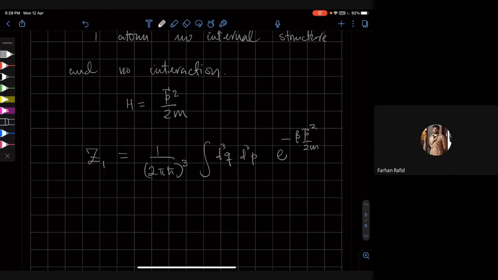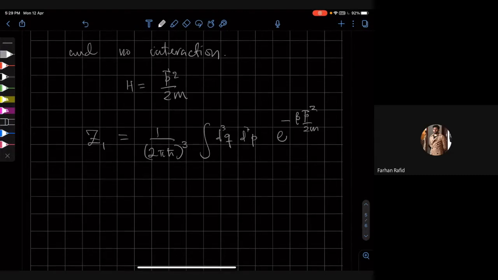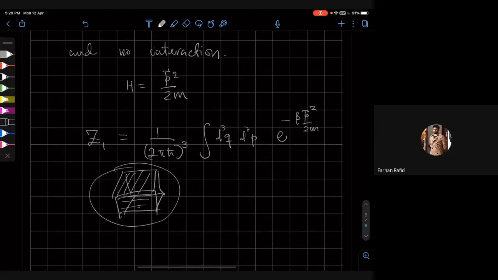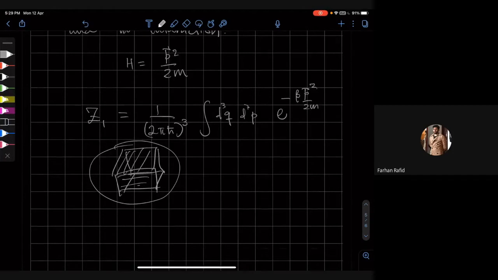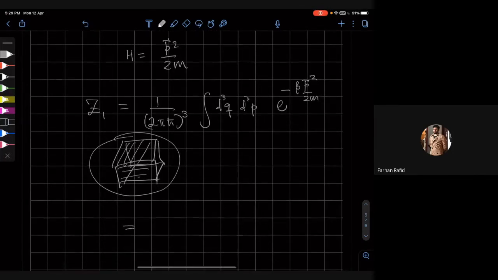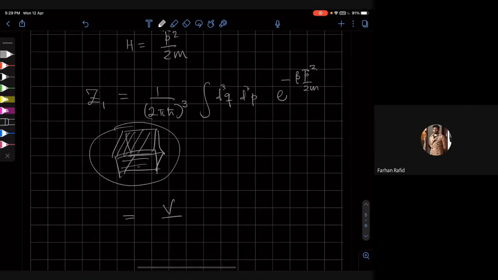Now we can take the gas to be enclosed in some box or container of volume V. Even if it is not there, we just do that to regulate this integral. Then we can just do the q integral, and then we have V over (2 pi h bar) cubed, and then we have d^3p, and then e to the power minus beta p squared by 2m.